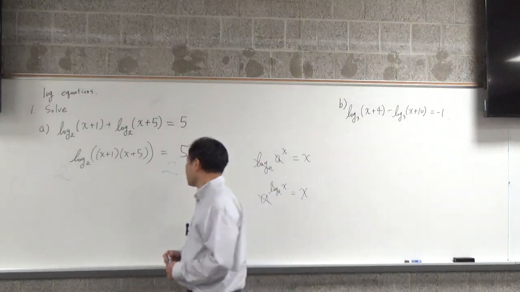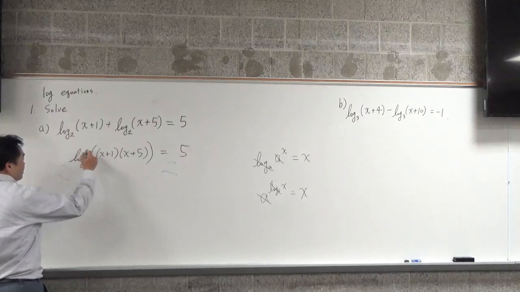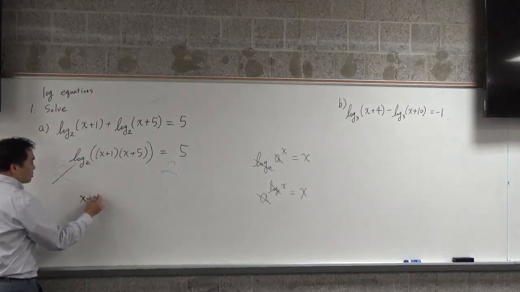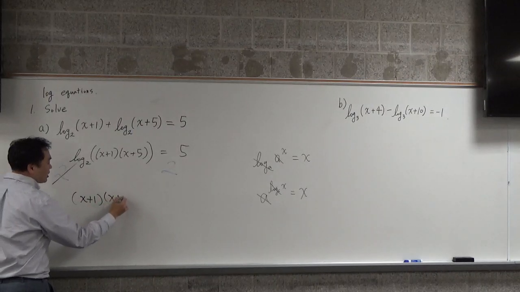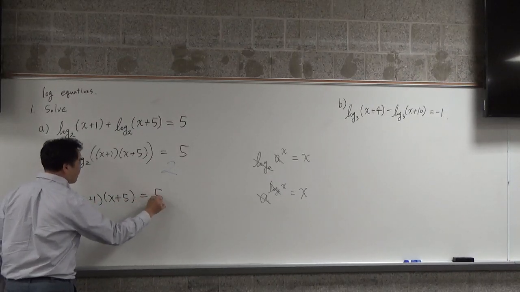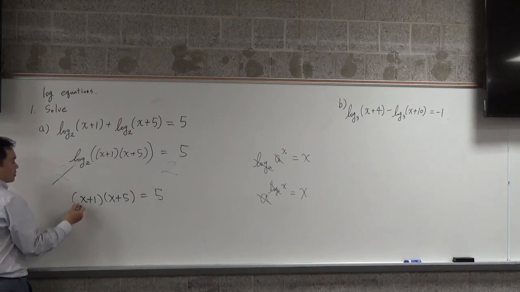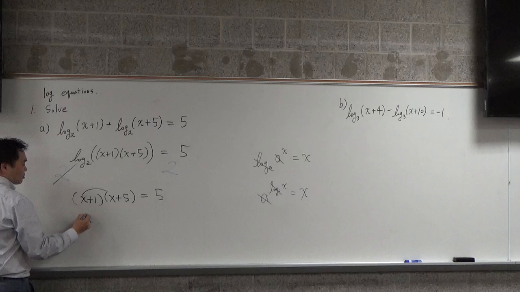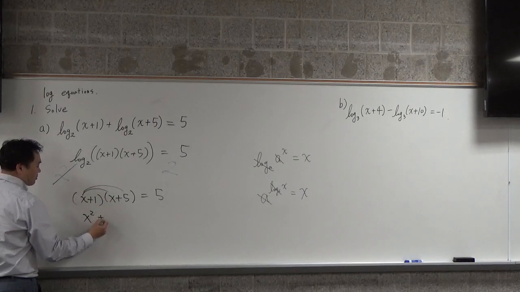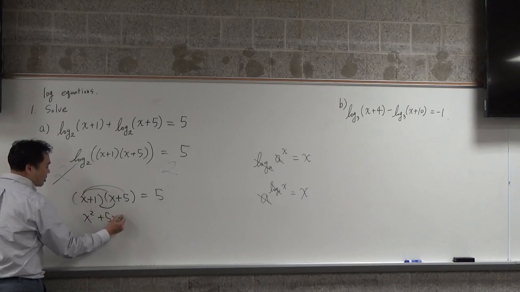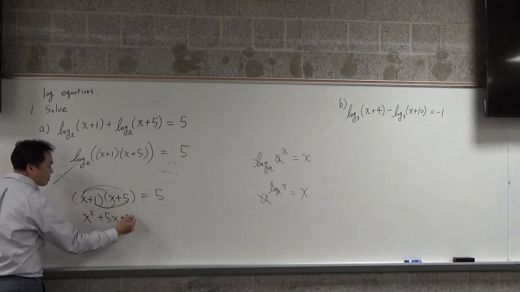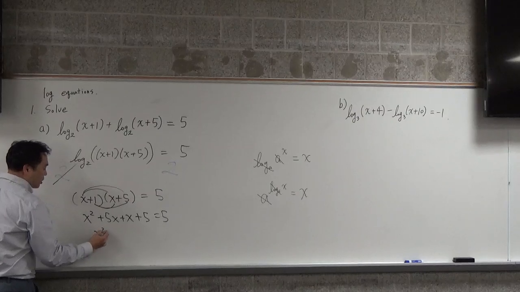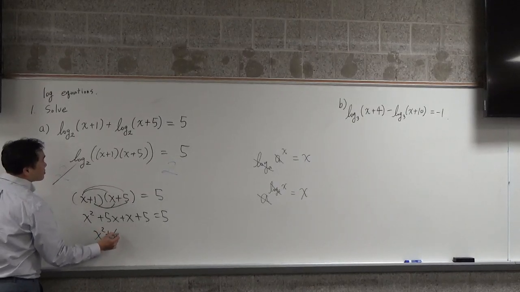So we can cancel these and get x plus 1 times x plus 5 equals 5. All right, and then this is x times x, x squared, x times 5, 5x, 1 times x, 1 times 5 equals 5. So x squared plus 6x.